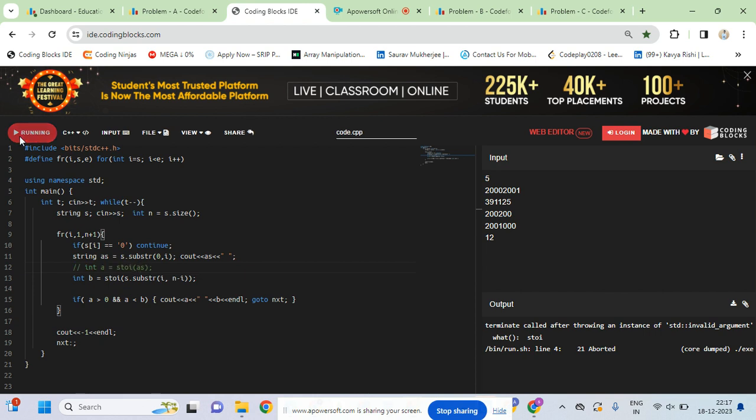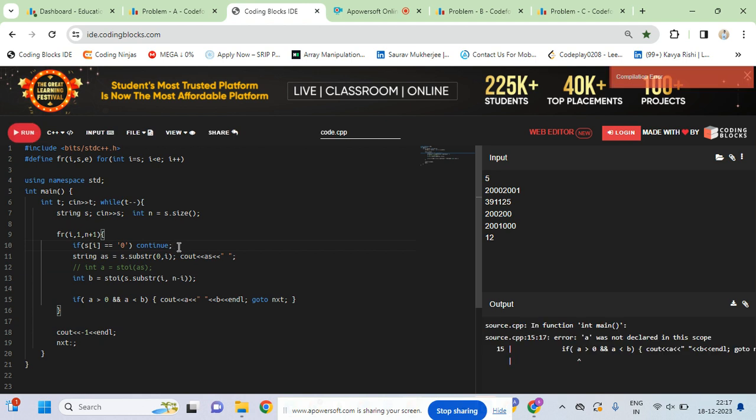Let me do this. What is the issue? Because this part was working fine. Continue. It was not declared. Okay, fine. Let me skip that. So basically, control is reaching this line. So control will reach every line, I think.